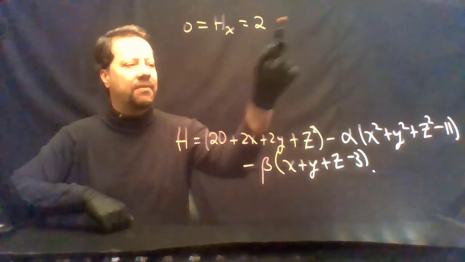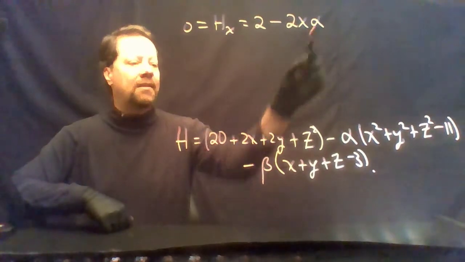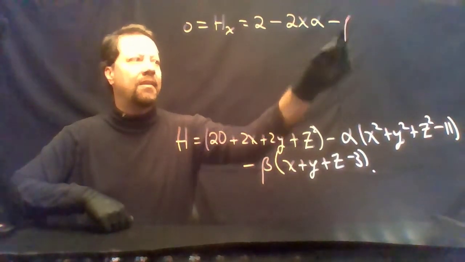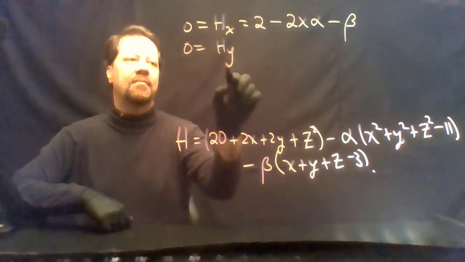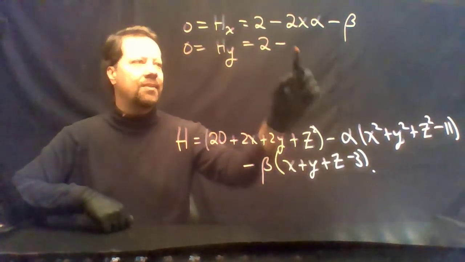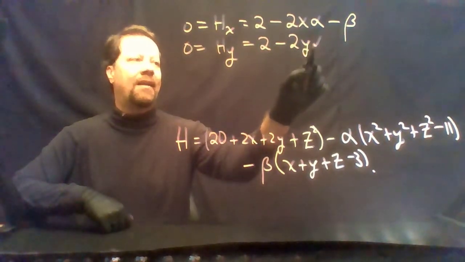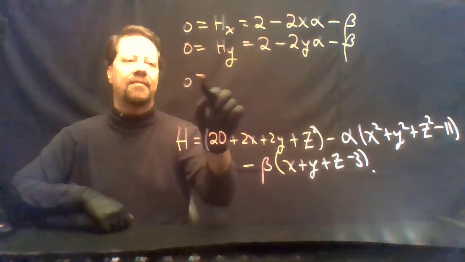We'll have 2 minus 2x alpha minus beta. 2 minus 2y alpha minus beta.